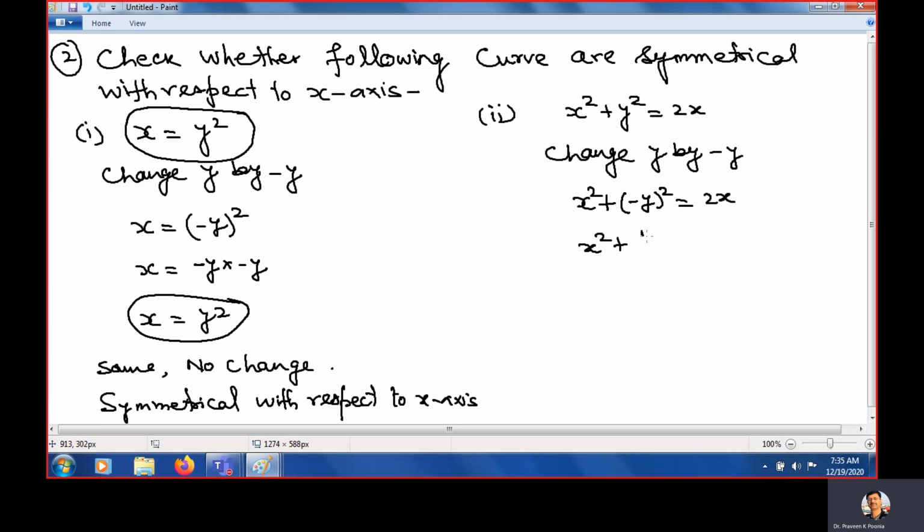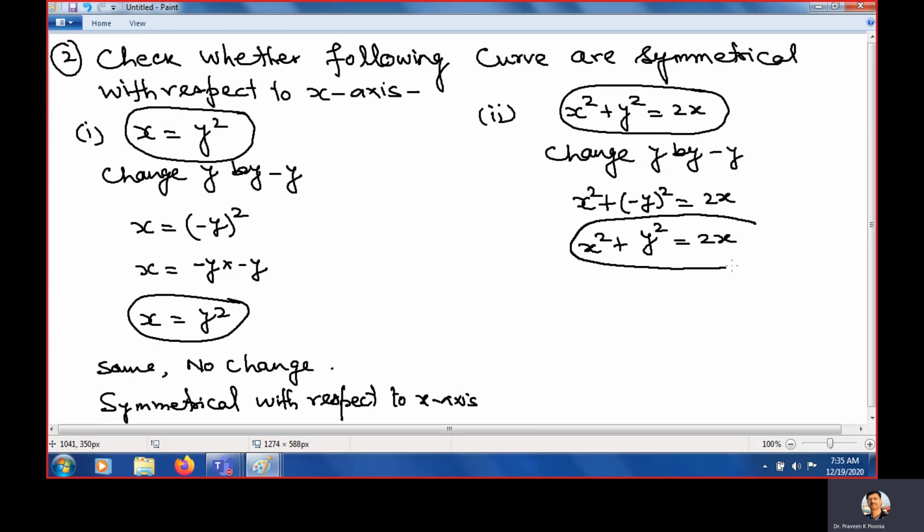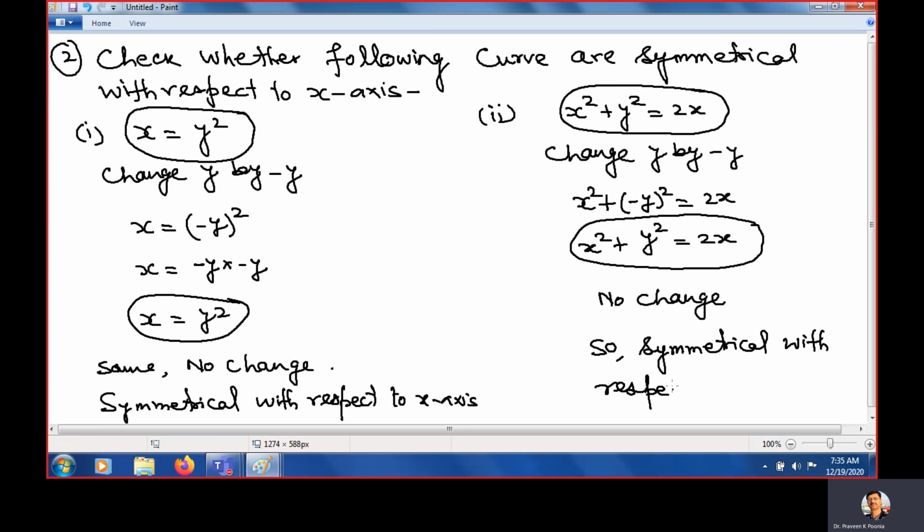It will be y^2 = 2x. So you can see what equation was given. After changing, we are getting the same equation. There is no change. No change. Same. So symmetrical with respect to the x-axis.